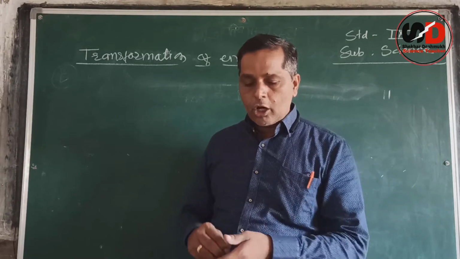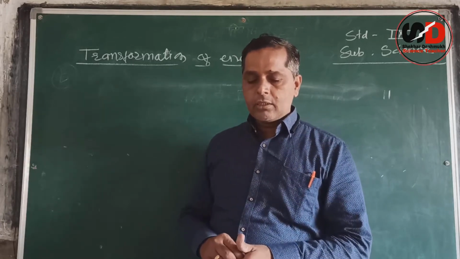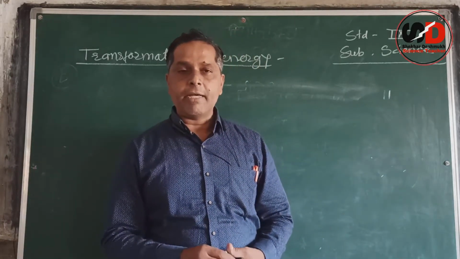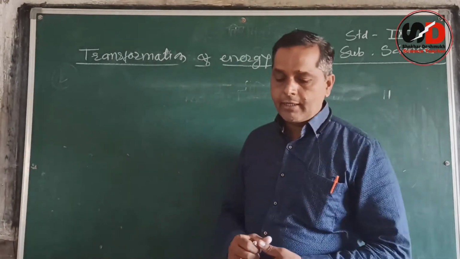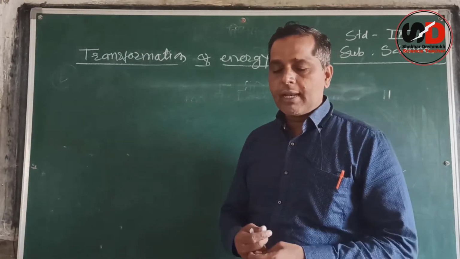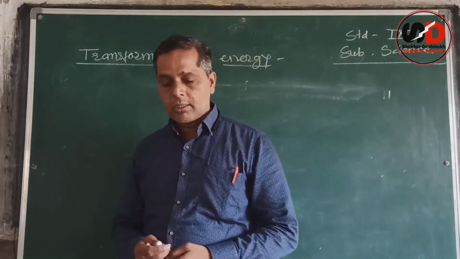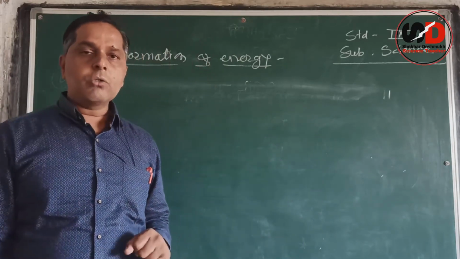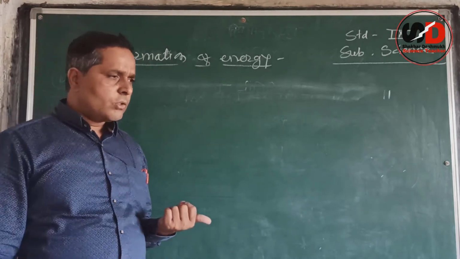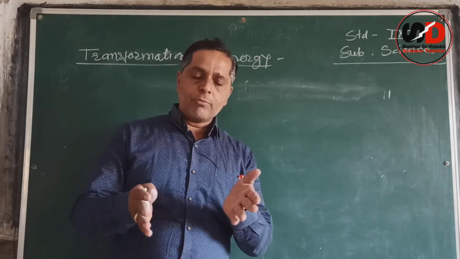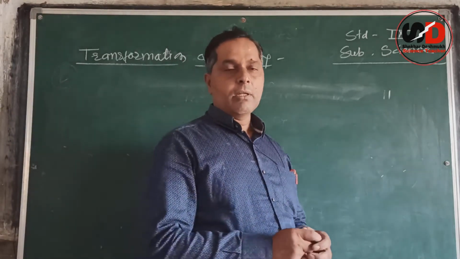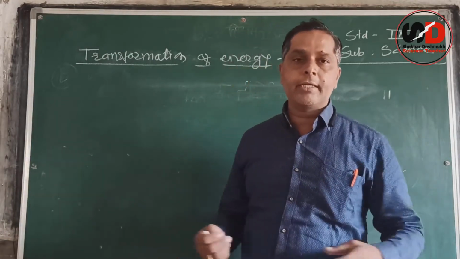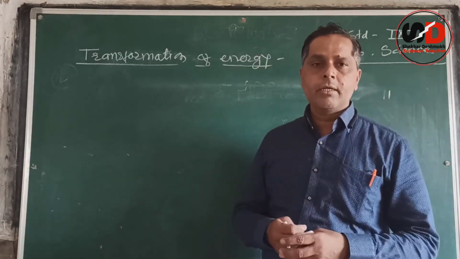Then drawing out pieces of iron from the garbage by using a magnet, and breaking of glass window panes because of loud noise. So different forms of energy are given here, like sound energy, heat energy, electrical energy.